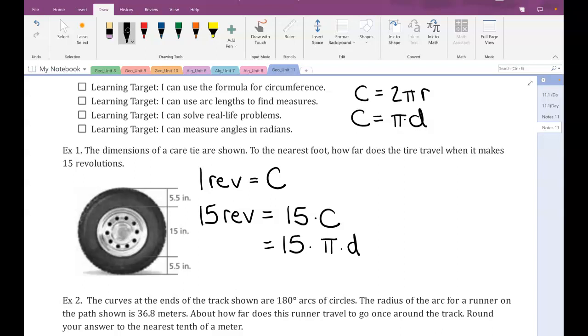And our diameter we would get by adding 15, 5.5, and 5.5. So 5.5 plus 5.5 is 11. Add 11 to 15, you get 26. So our diameter is 26 inches. So that's our D value.